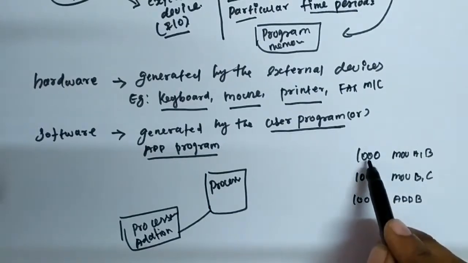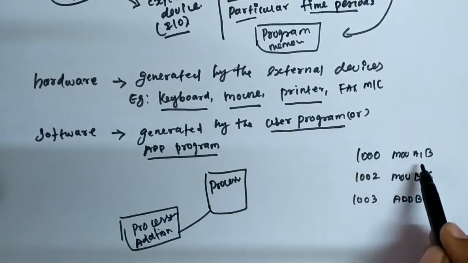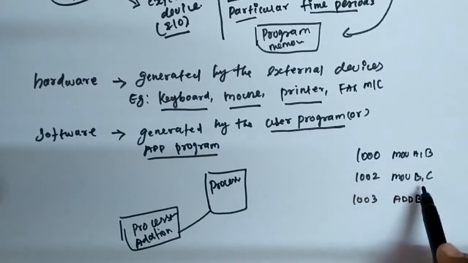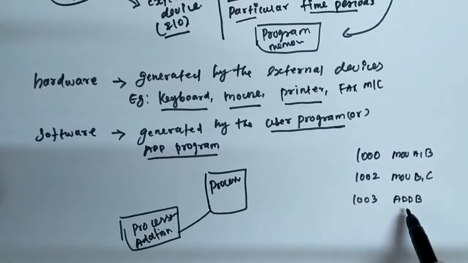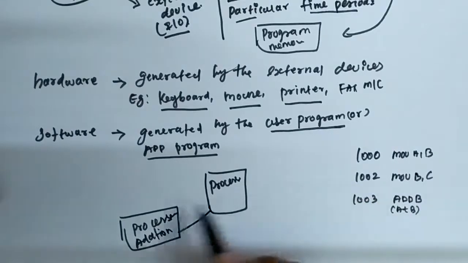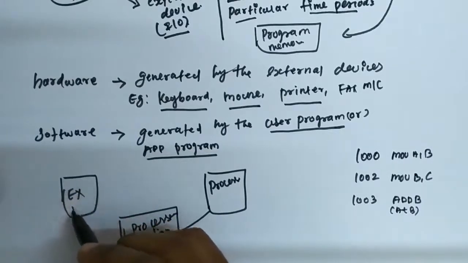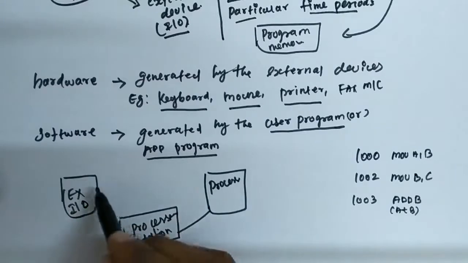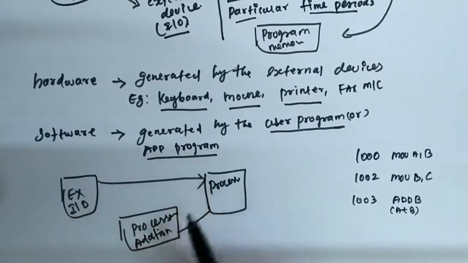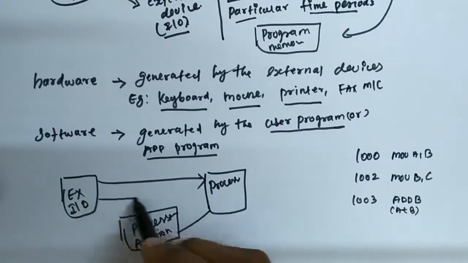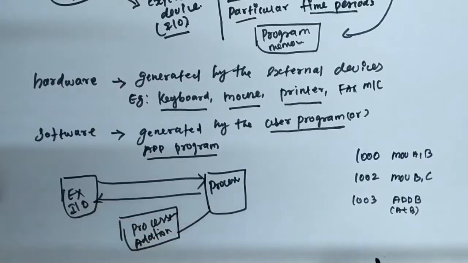So at memory location 1000 the instruction is move A, B. At 1002 the instruction is move B, C. At 1003 is add B, which adds the A plus B contents. This is the operation currently done by the processor. Then we have the external devices, which may be input or output. They are ready to transfer data to the processor and ready to receive data from the processor.